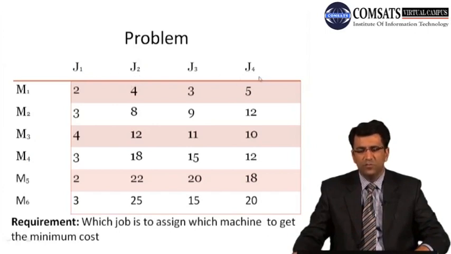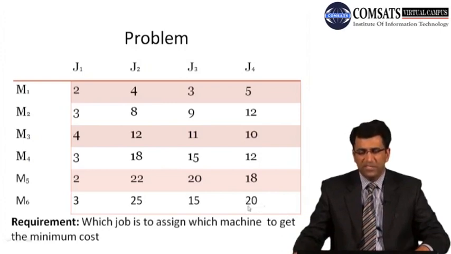So there are 4 jobs in this problem, and the cost of assigning a particular job to a particular machine is provided in this table. You can see that if we assign job J1 to machine M1, we will have to bear the cost of $2, and if we assign job 2 to machine 1, the cost will be $4, and for this particular cell, if we assign job 4 to machine 6, the cost for this assignment will be $20.